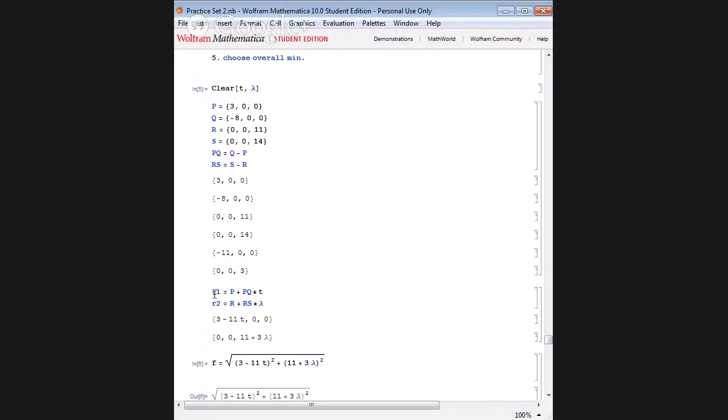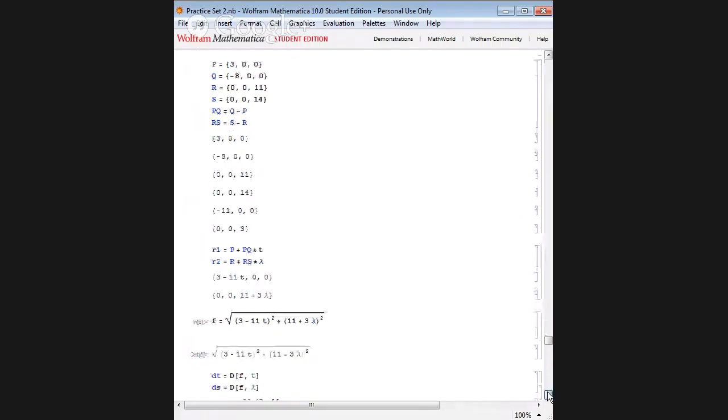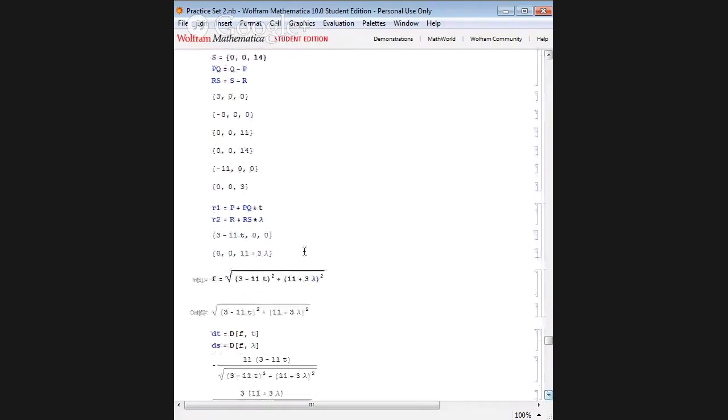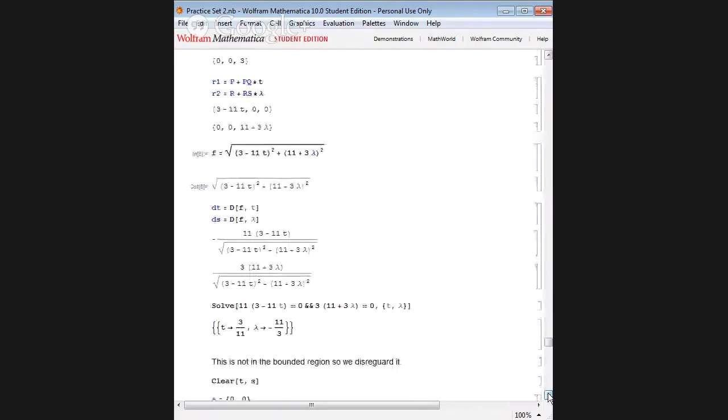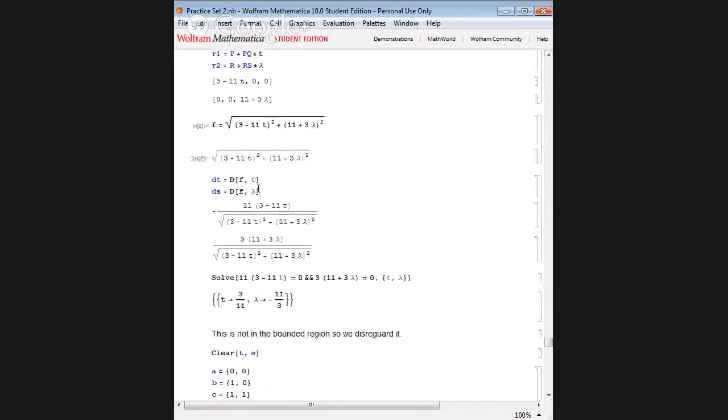I just used R1, R2 for my parameters. I used the distance formula to get my equation, found my two values, did my partial derivatives, and set each of them equal to 0.